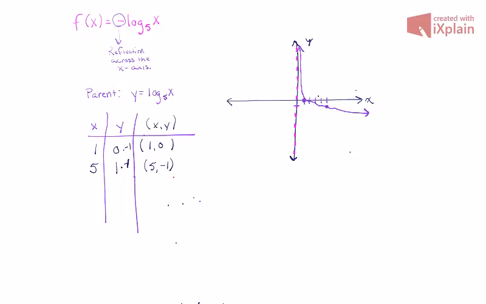Notice I did use what direction my points were going in order to connect them. So I'm going to start off hugging the vertical asymptote, connecting with the points, and then using them to help me pivot, and then continuing on.